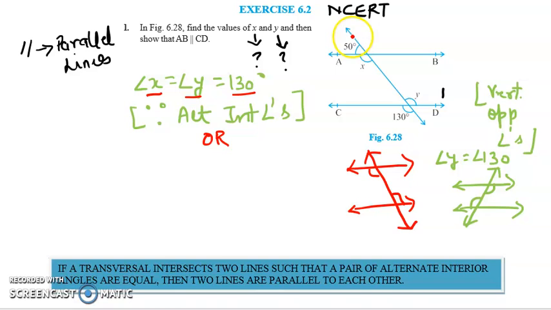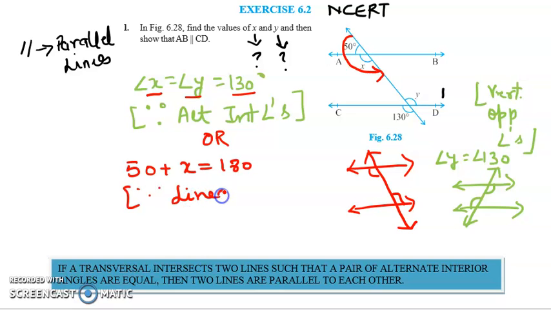If you see this angle, this is a linear pair, this means 50 plus x will be 180 degree, because the sum of the measure of a linear pair is always 180 degree. So from here you will get x is equal to 180 minus 50, which is equal to 130 degree, right?